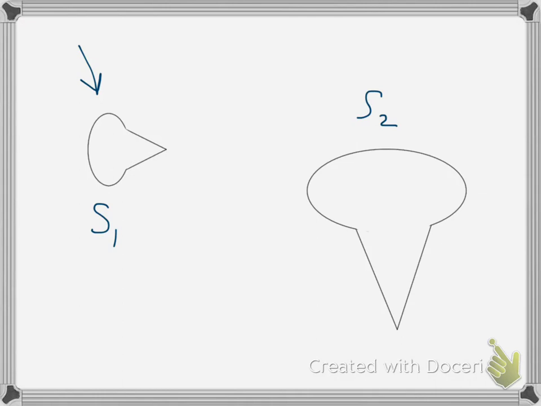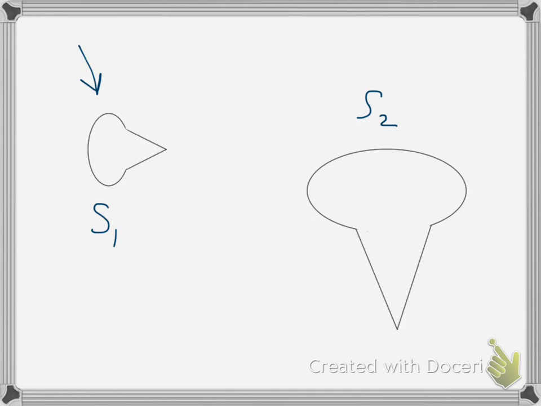So we would need to do something else. Once we dilated figure S1 to look like figure S2, we would then need to translate it. We could translate by a vector, and let's see what that would look like.